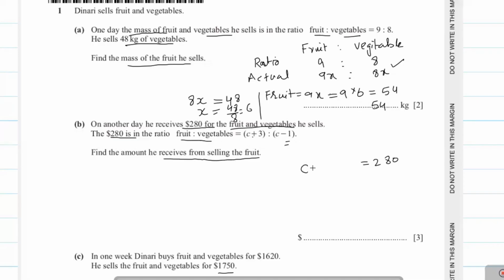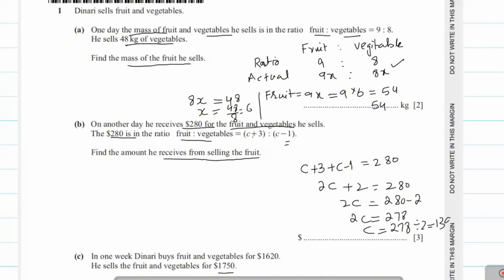Therefore, the sum of the ratio here will be c plus 3 plus c minus 1, and this value will be equal to the total value he receives. So c plus 3 plus c minus 1 will be equal to 280, and this will be equal to 2c plus 2 equal to 280, and therefore we can write 2c will be equal to 280 minus 2, and this will be equal to 278. 2c equal to 278, and c will be equal to 278 divided by 2, and this will be equal to 139.